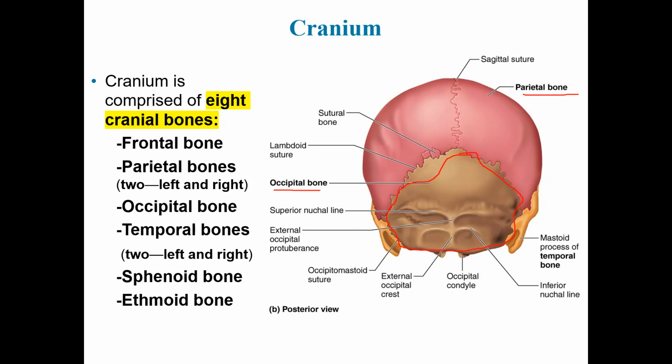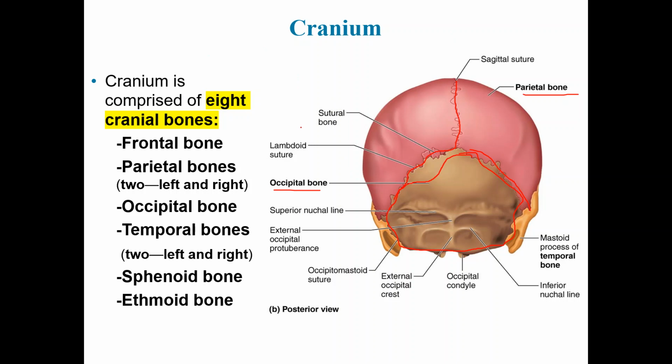And of course, the bones of the skull come together in particular joints known as sutures. We're going to look at the sutures in a minute, and we have to remember the names of these sutures.